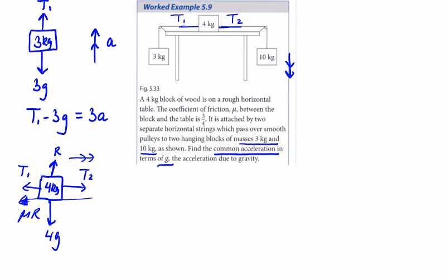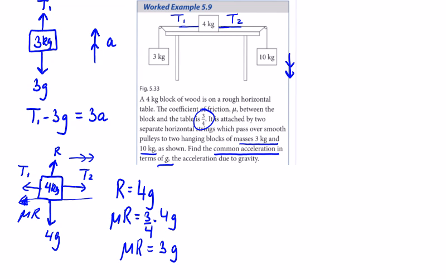And we can start this by saying R is equal to 4G because there's no other up and downs. And we know that friction, mu R, is equal to 3/4 by your 4G. So mu R is equal to 3G.